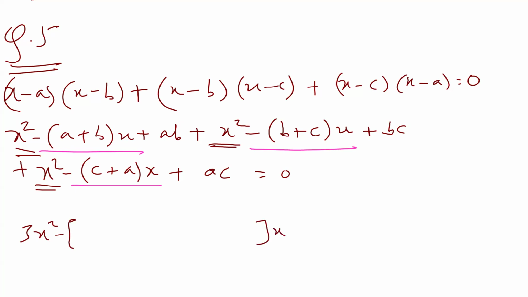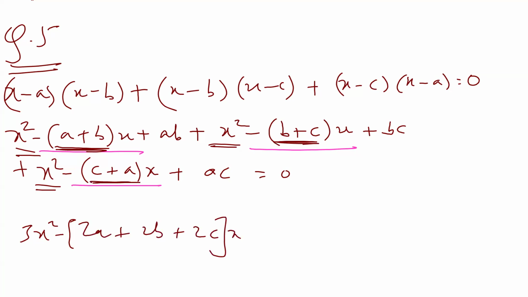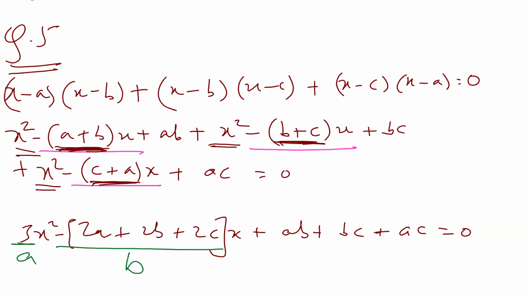So I'll just put x over here, okay? So if we add this, minus is gone outside the bracket. It will be 2a plus 2b plus 2c into x. Because within the bracket, it will be addition of all these three terms. Plus ab plus bc plus ac equal to 0. Okay. So this is a. This along with the negative sign is b. And this is c.